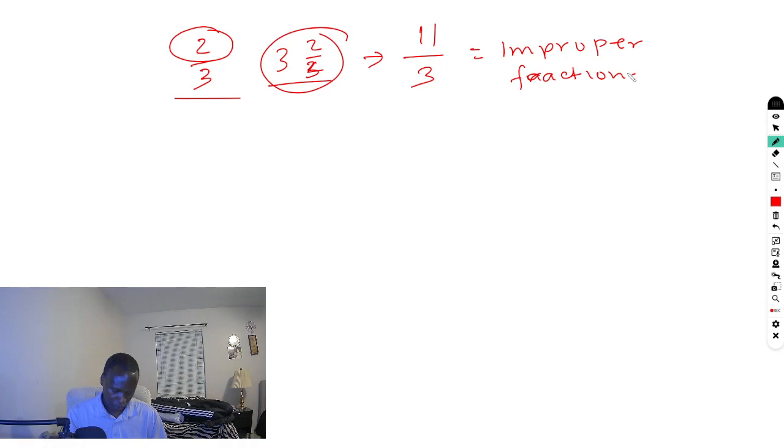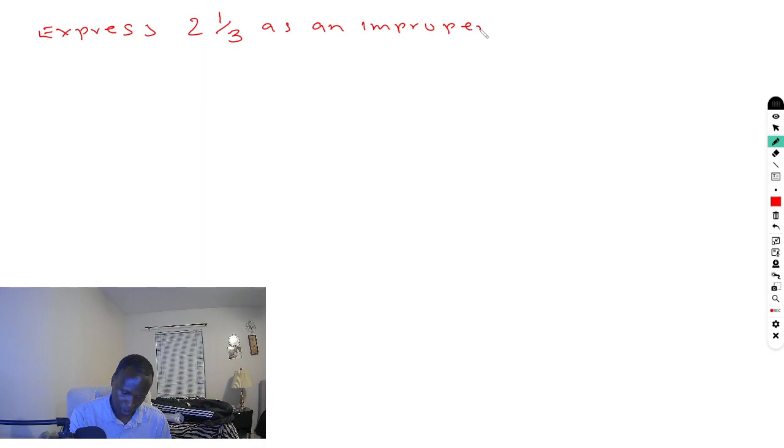Let me clear here and write you a small expression. Let's say: express 2 1 over 3 as an improper fraction.